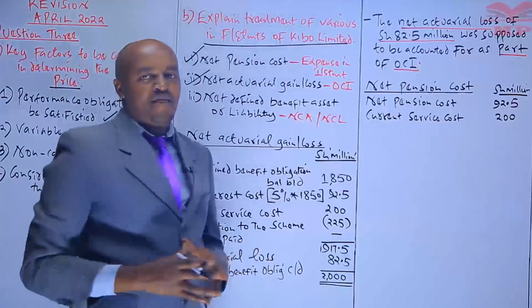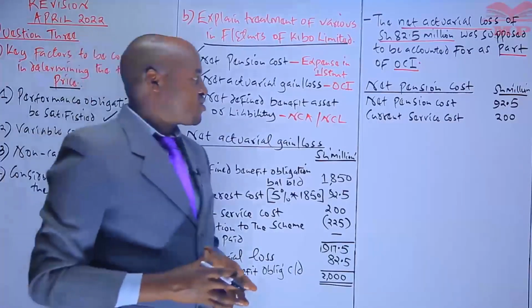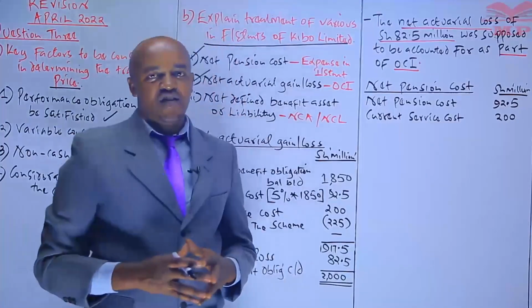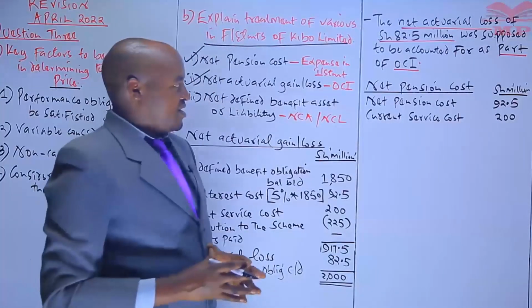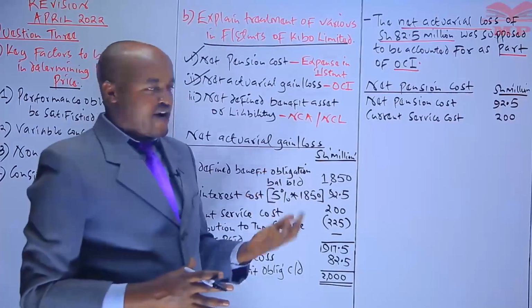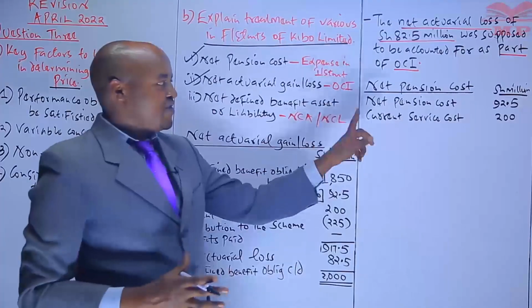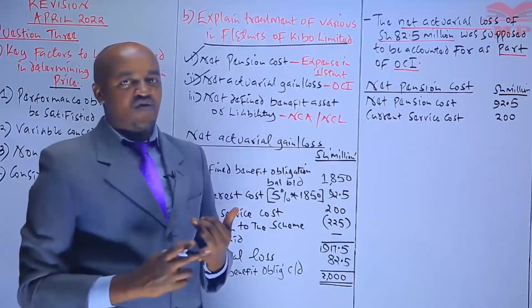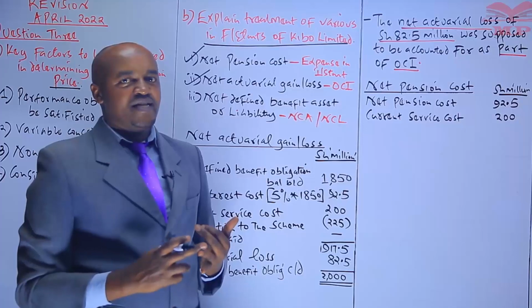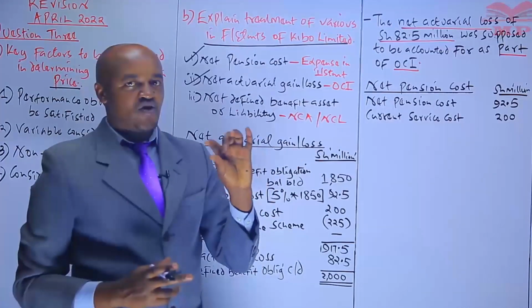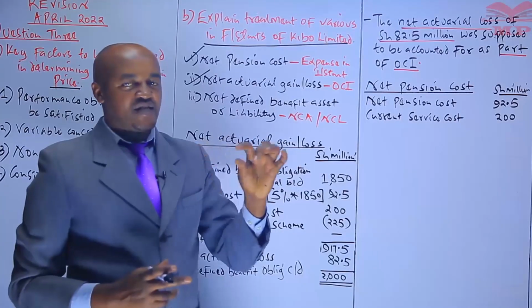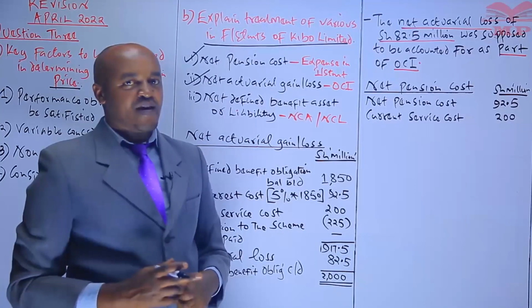But remember, when computing this net pension cost, in the event you are given the plan asset and the plan obligation separately, you ordinarily have more items, because you should be having something called the interest cost and something called the expected return on plan asset.